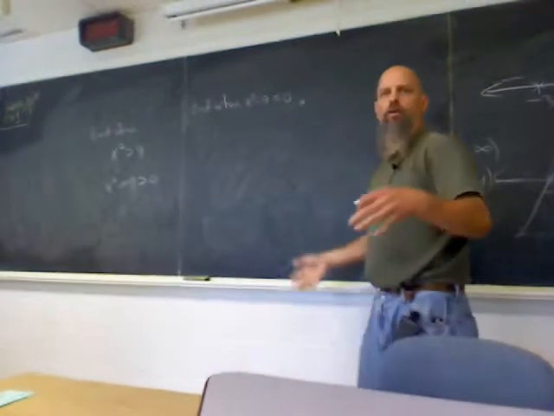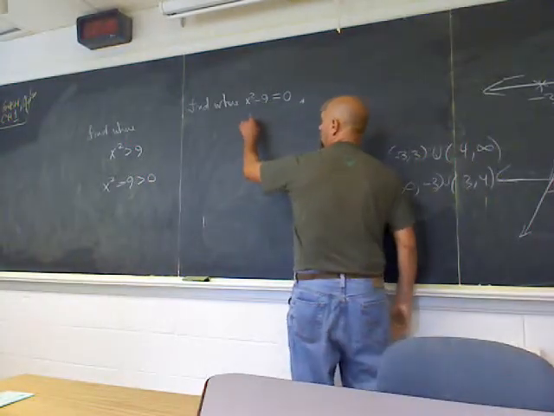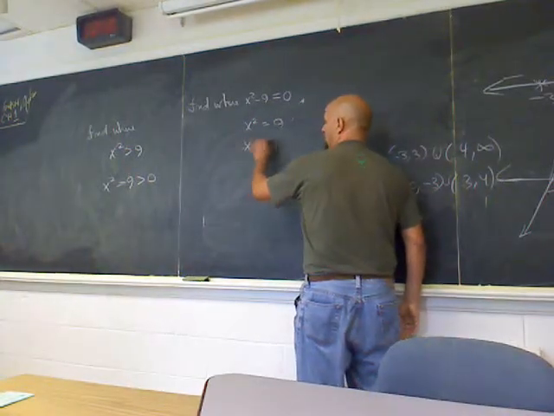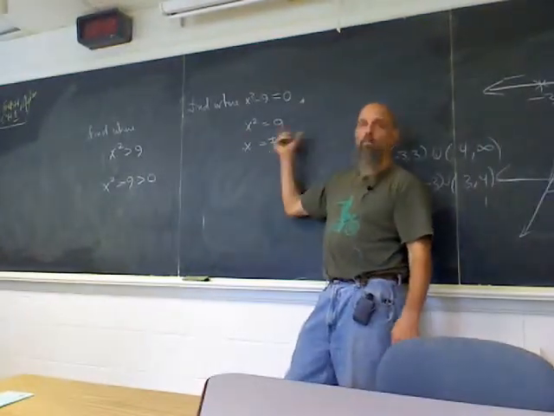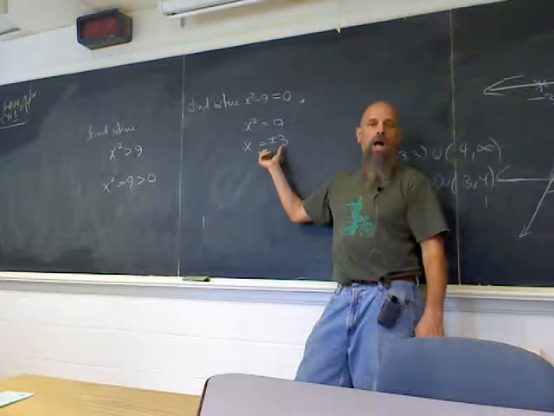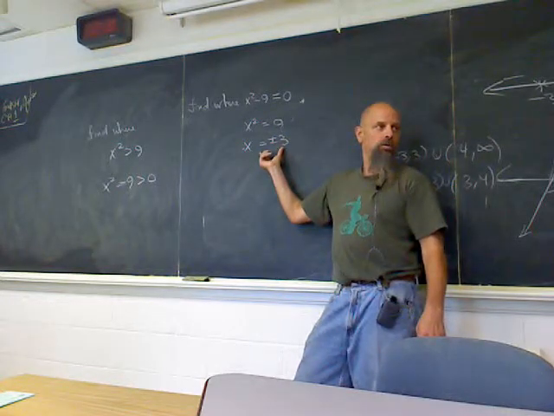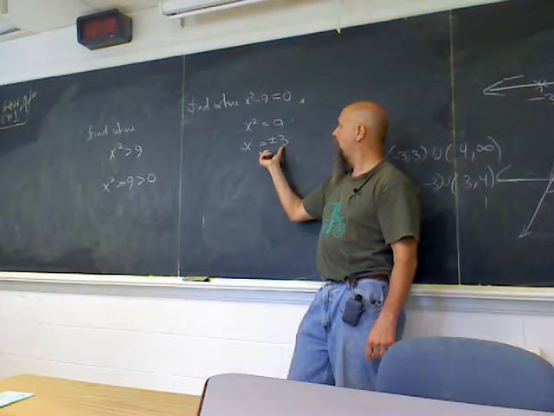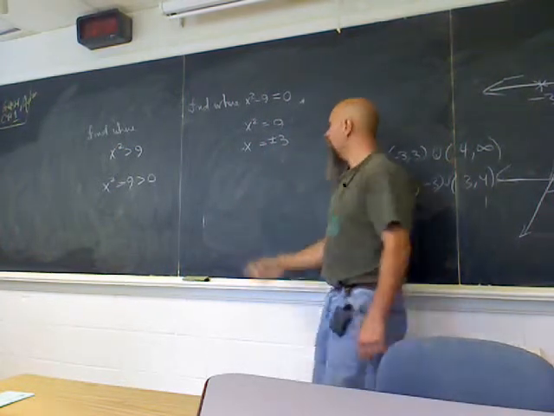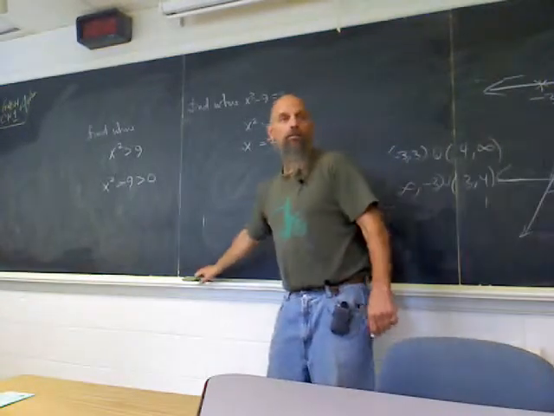I think most people like to extract square roots, so we will. So x squared equals 9, or x equals plus or minus 3. I took the square root of both sides and then took all possible numbers that when you square, you get 9. And I put them on the number line.